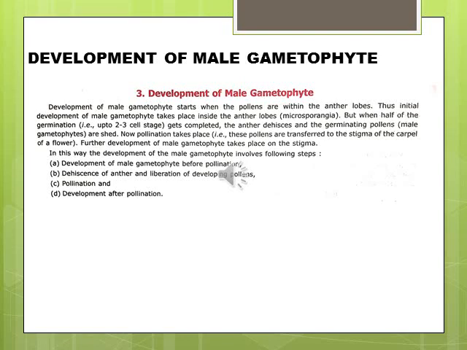Development of male gametophyte starts when the pollen grains are still inside the anther lobes. So that means half of the development of male gametophyte gets completed before pollination. That means it comes to its 2 to 3 cell stage, and once it reaches its 2 to 3 cell stage, then after that the anther breaks, releases the pollen grains, and then pollination will occur, and then further development of male gametophyte will take place after the pollination, and that will occur on the stigma.